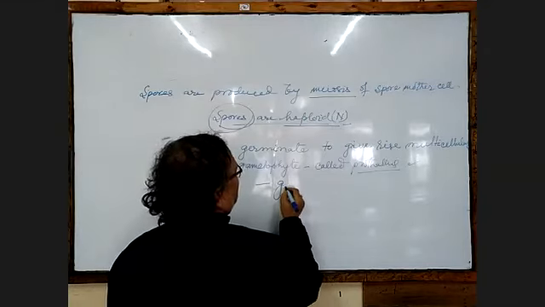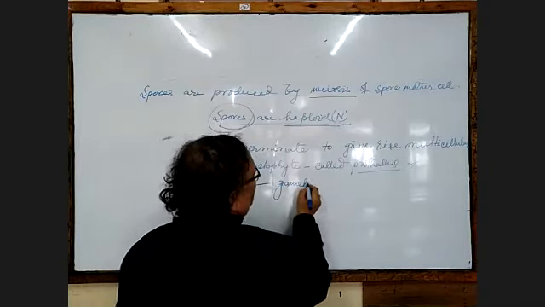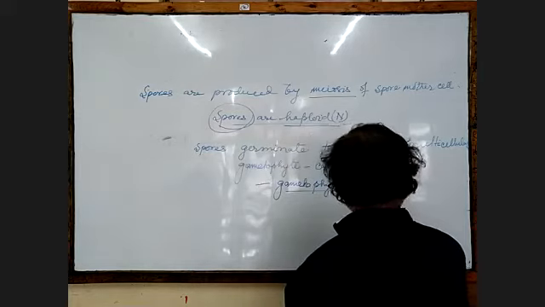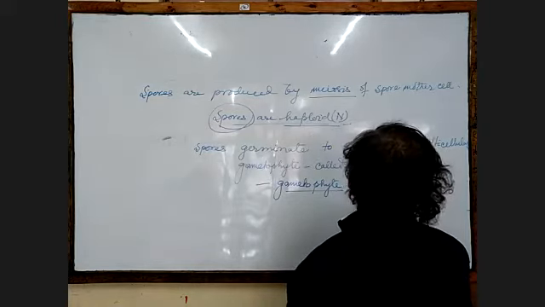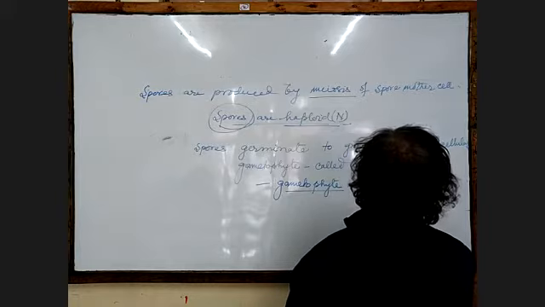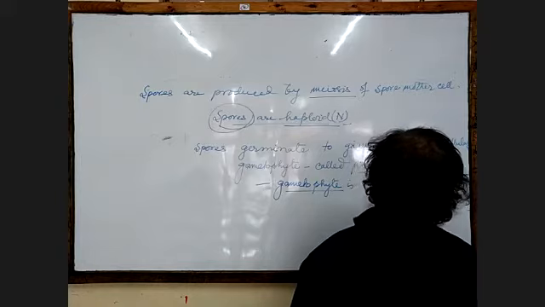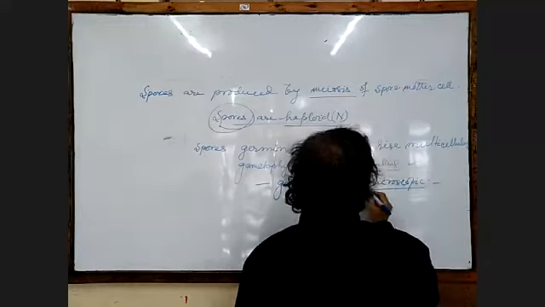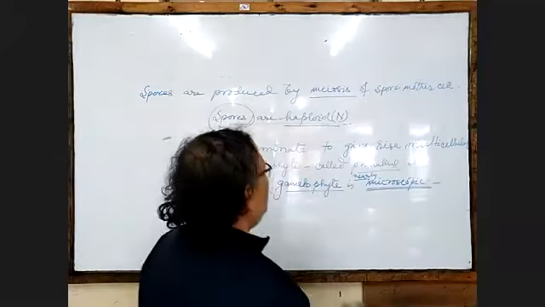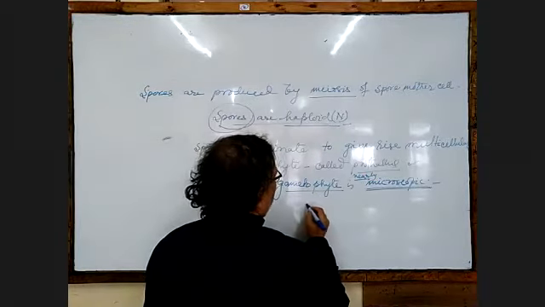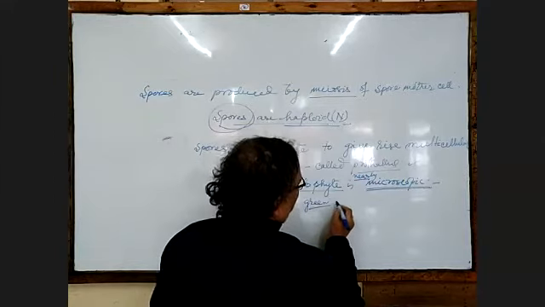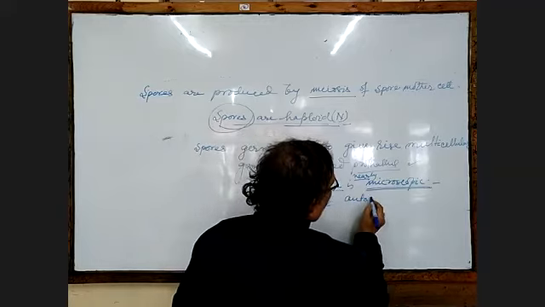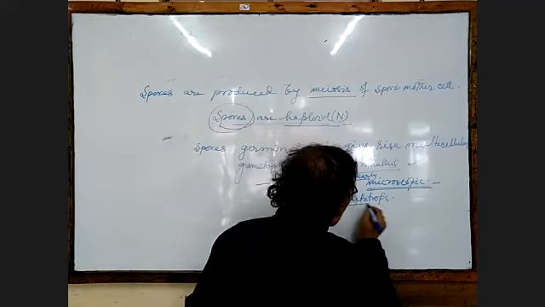The gametophyte is nearly microscopic, very small, and of course they are green in most cases, autotrophic.